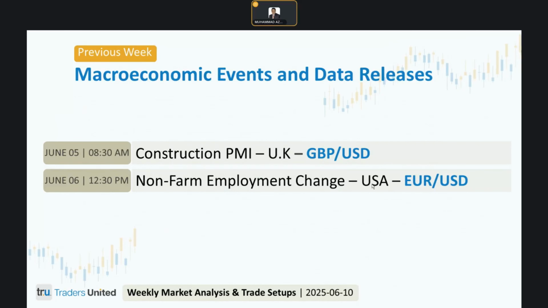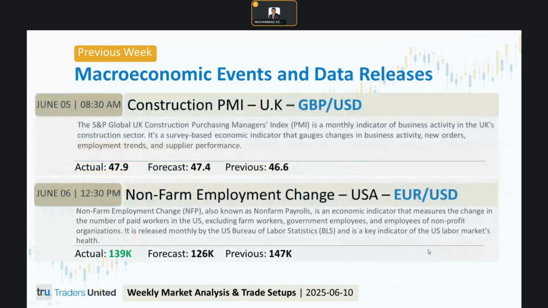Okay, let's talk about construction PMI UK. So let's talk a little bit about it. What is construction PMI? The S&P Global UK Construction PMI, also known as Purchasing Managers Index, is a monthly measure of activity in the United Kingdom construction sector.